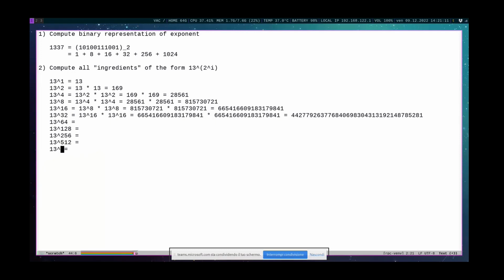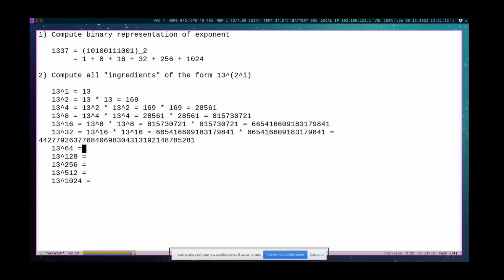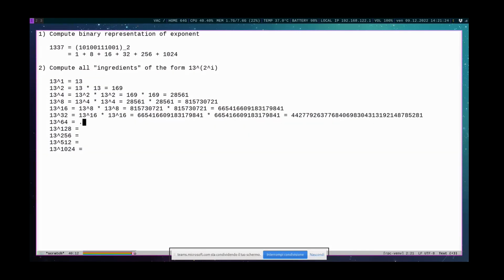So we need all of them, and we cannot skip any in this step, because to compute the next one, we need the previous one. So there are no easy ways. Now this is kind of boring, so maybe I don't continue, but you can continue if you really like this. At the end, we will have a bunch of powers of 13. We will have all the numbers for this.